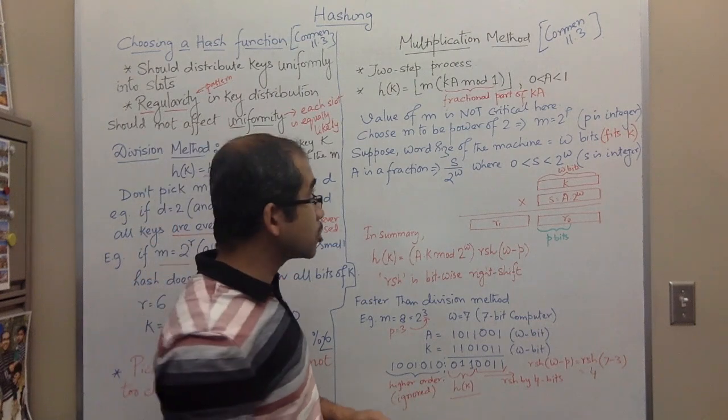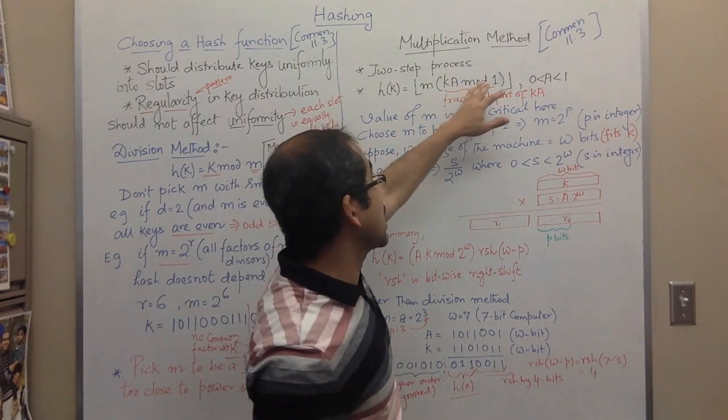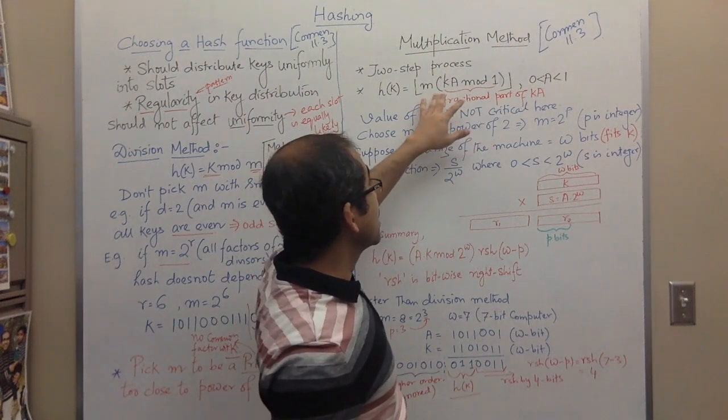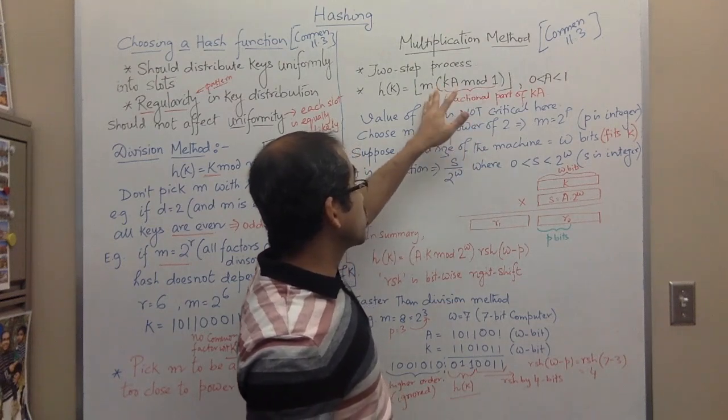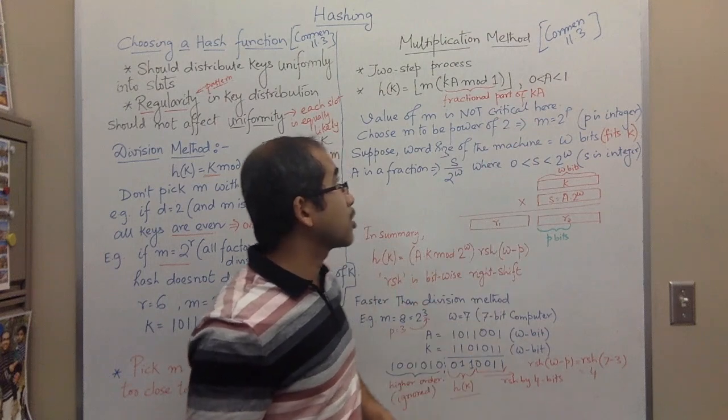Now you see that it says k times a mod 1. a is a particular constant, k is the key, so we multiply k times a mod 1. This means the fractional part of ka.